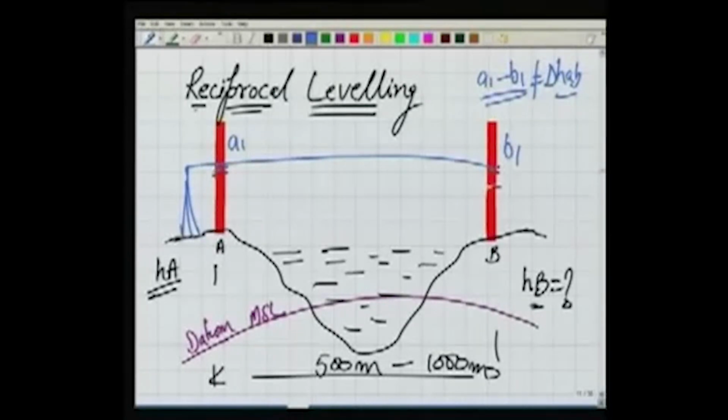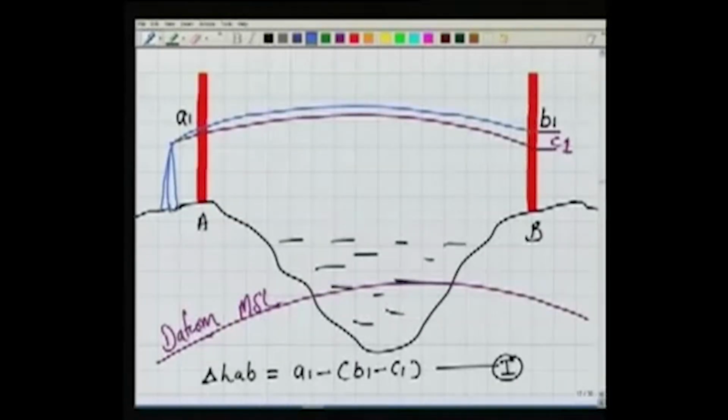Now how to eliminate that? Well, what we do in this case, first I would like to keep my level here and take the reading at staff at A, A1, and take the reading at staff at B, which is B1. I take these two readings.